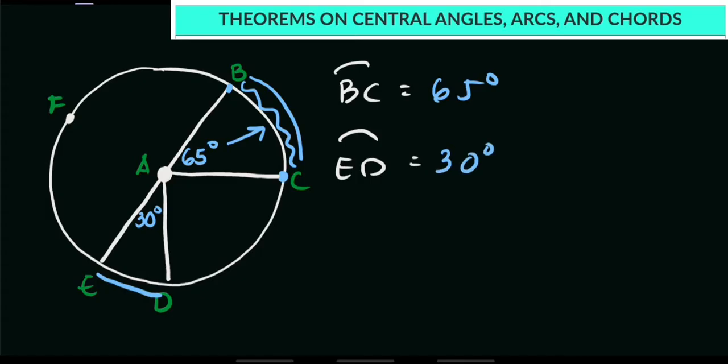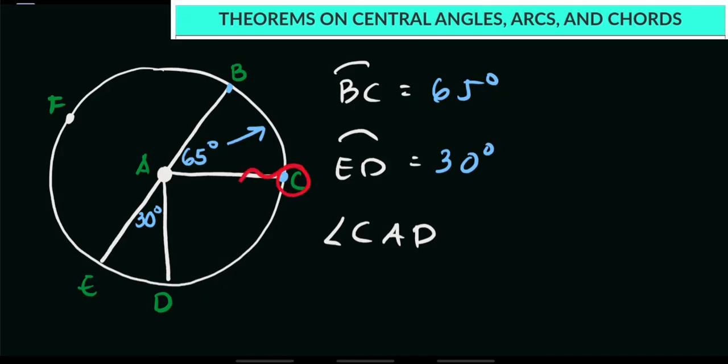Next, an additional question: solve for the value of angle CAD. First, where is CAD? According to our figure, CAD is located here, from C to A to D. It is another example of a central angle.